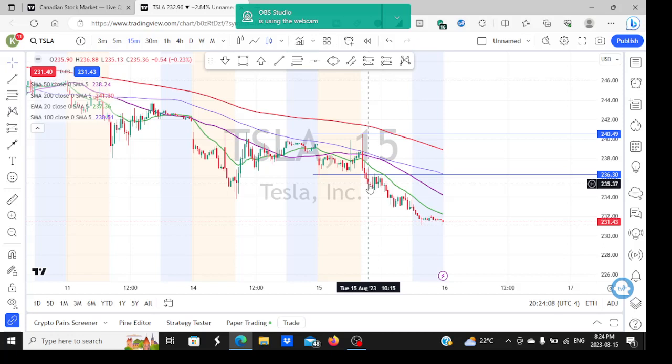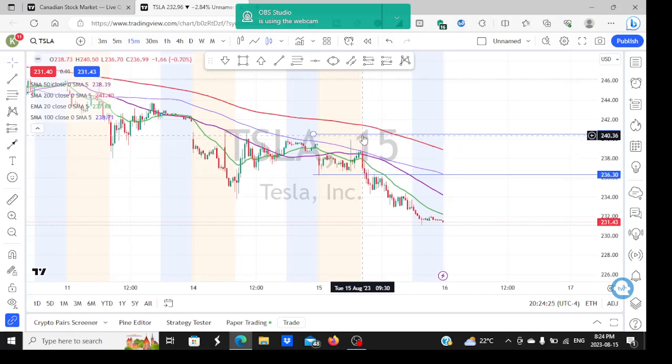So I decided to move my stop down really close, and I got stopped out like here. So I think I got stopped out at 236. Came up with like $20.